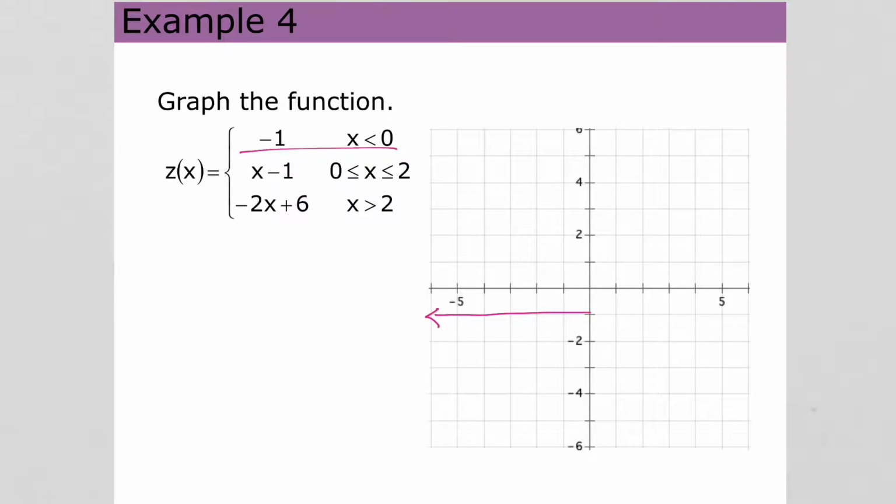And since it's not included, we put an open dot. Next, we're going to graph x minus 1. So a y-intercept at negative 1 and a slope of up 1 over 1.